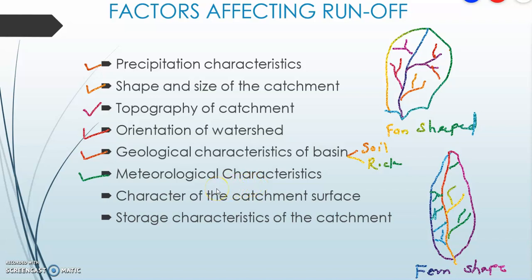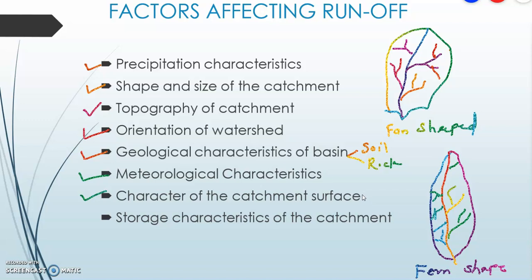The next term is the character of the catchment surface. When we mention the character of the catchment surface, it includes the land use land cover. So how land use land cover affects runoff, I'll mention here.